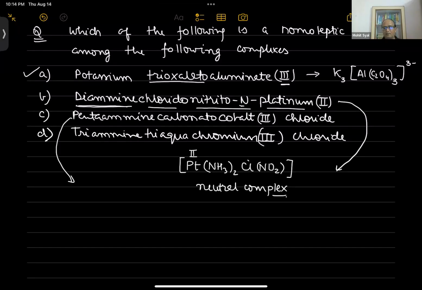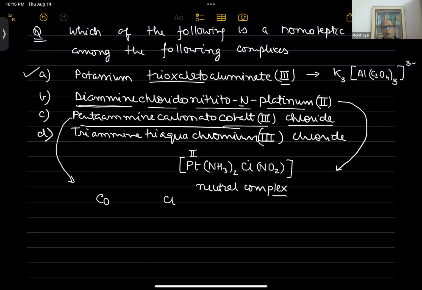Let's practice this. Pentaamine carbonato cobalt 3 chloride. This is quite simple. Write the name of the metal, that is cobalt. This whole thing is a complex cation, and the anion is chloride, Cl minus. But their numbers are not given. We need to figure them out by the charges of each other.